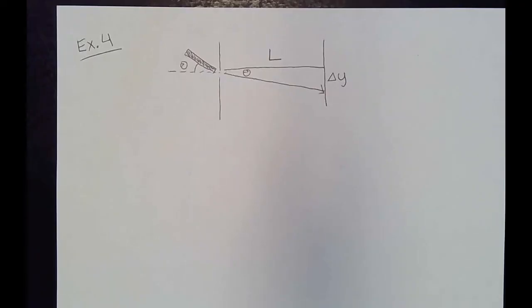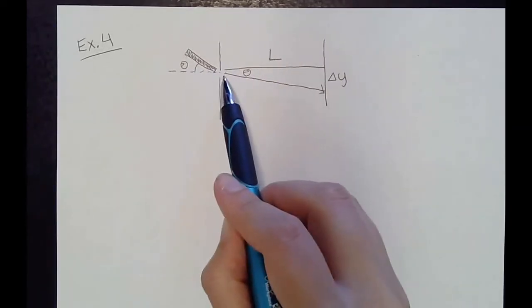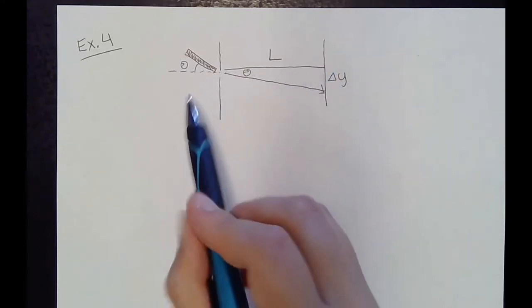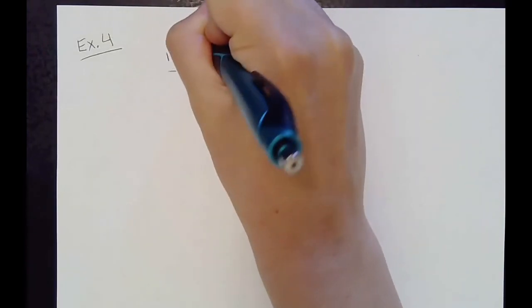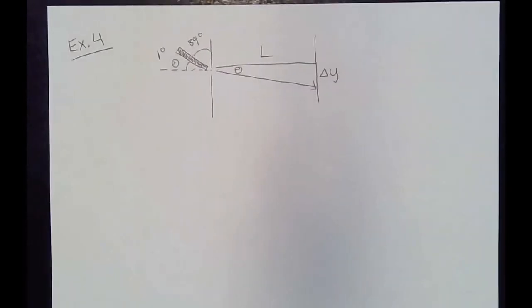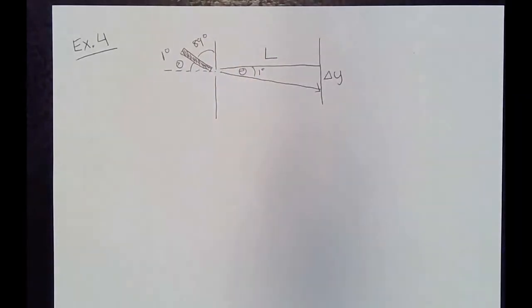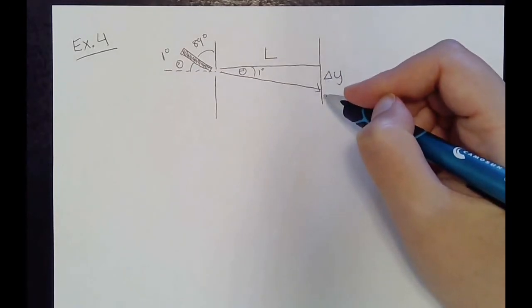Okay, despite all of the wording, this is actually a simple example. So we have the laser here. If it was perpendicular to the screen, then we would have a central maximum here. Now when we shift it by 1 degree so that it makes 89 degrees with the screen, as the question says, we have a 1 degree angle shift between that position. So delta y in a sense here is that shift of the central maximum.